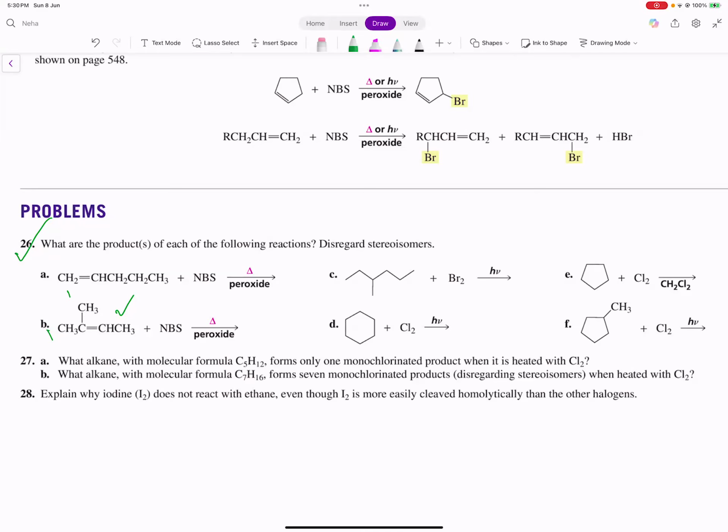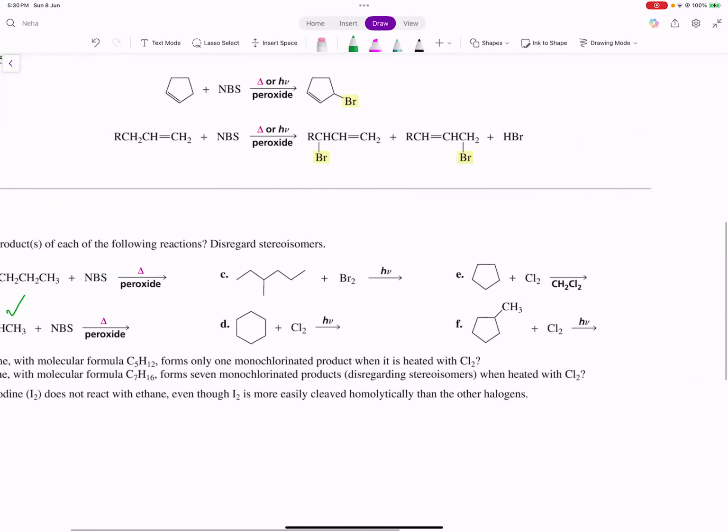Done. Sir, for the E part, I had a doubt here. We use CH2Cl2 only when there's an alkene, right?